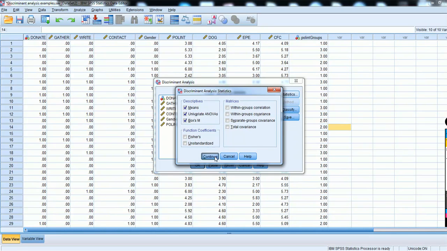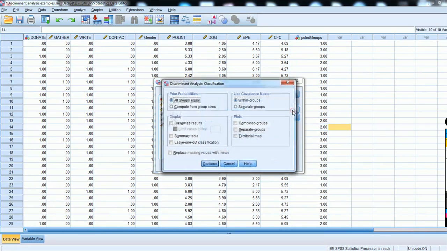So at any rate, I'm going to click on Continue, and under Classify, I'm going to go ahead and compute or ask for a summary table. So basically what's going to happen is that when I run my analysis, it's going to generate predicted probabilities for each case falling into groups 1, 2, or 3.